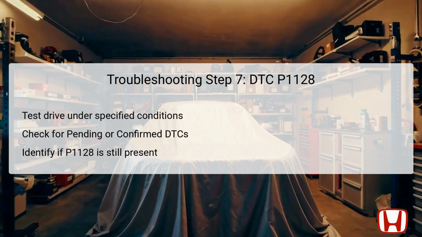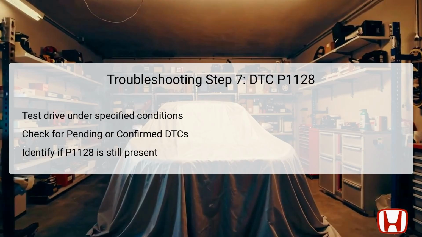To confirm that the troubleshooting efforts have resolved the issue, conduct another test drive following the previously specified conditions, where the engine coolant temperature exceeds 158 degrees Fahrenheit and the engine speeds fall within the desired range. Ensure you drive under the outlined throttle conditions to replicate normal operating states.